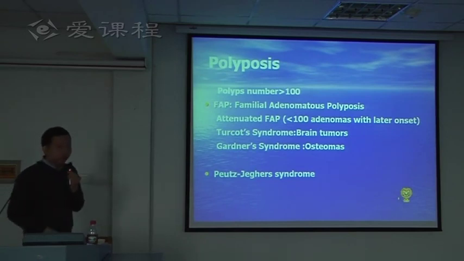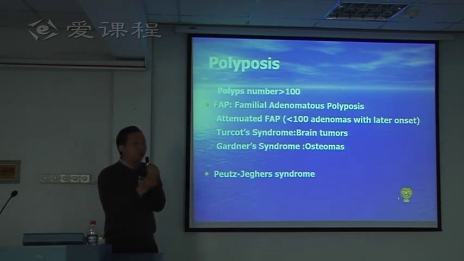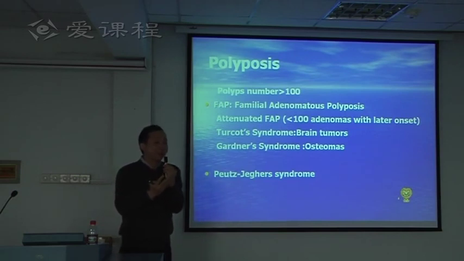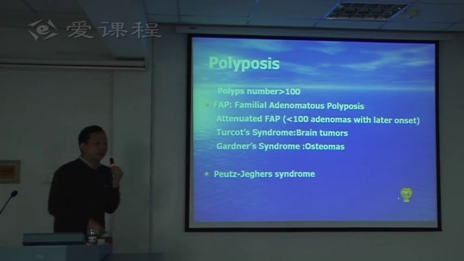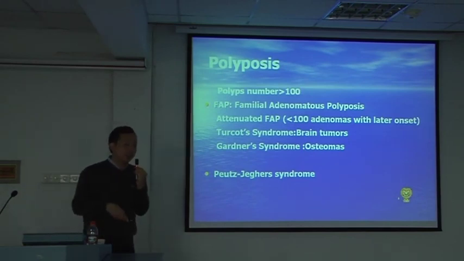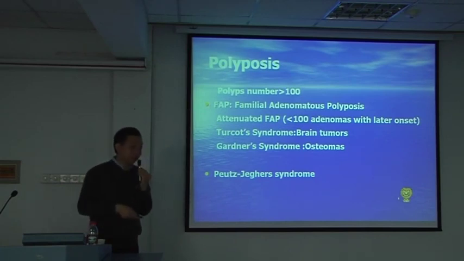Should we count the polyps? It's sometimes so difficult to count. If there are more than 1,000 polyps, you can't. Then how do we say it's 100? Just estimate. It's not so accurate a number.